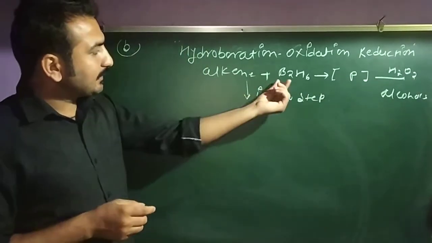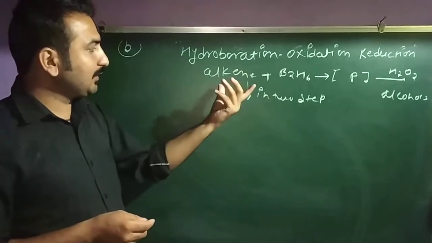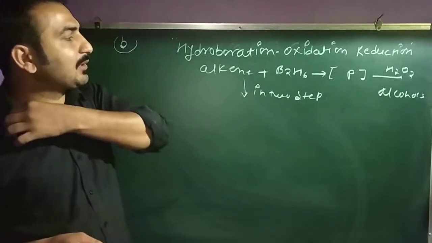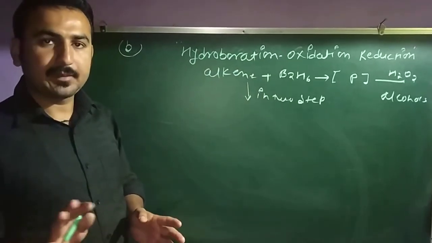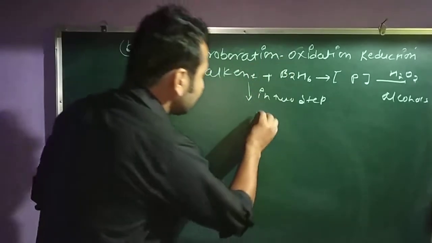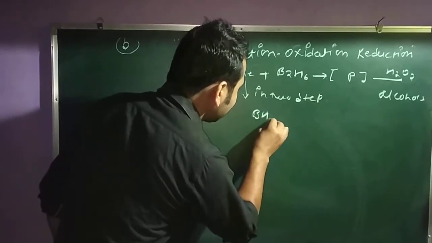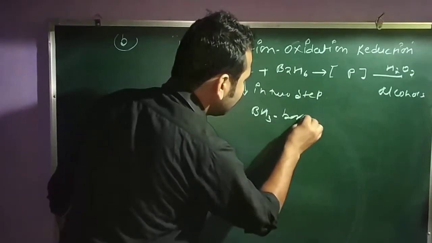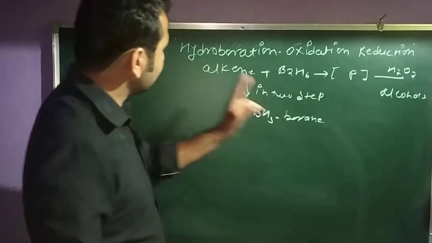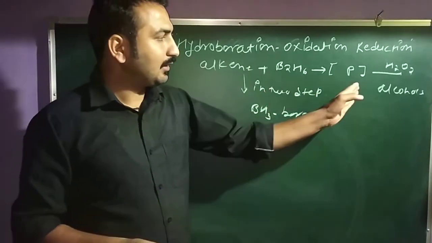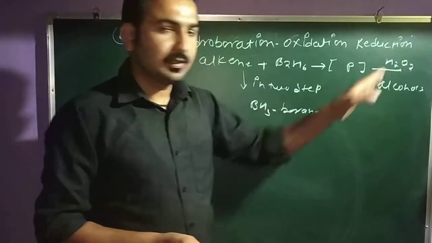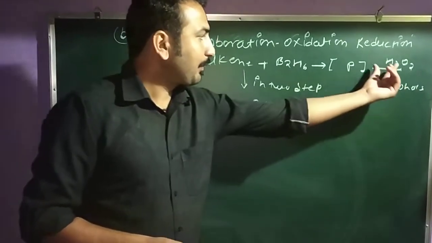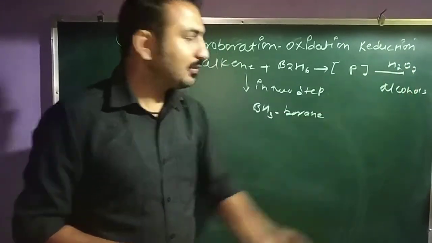In this case, B2H6 does not react directly with the alkene because B2H6 is an electron deficient species. Is it clear? So only BH3, borane, reacts with alkene to form trialkyl borane, and further we have the second step: treatment with H2O2 gives you alcohol.